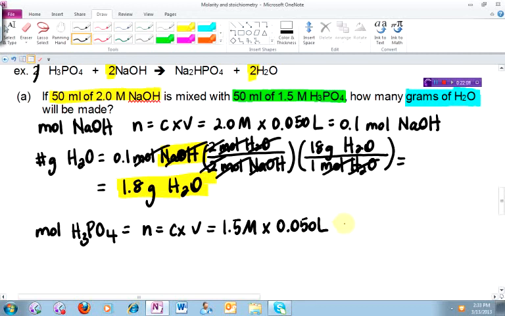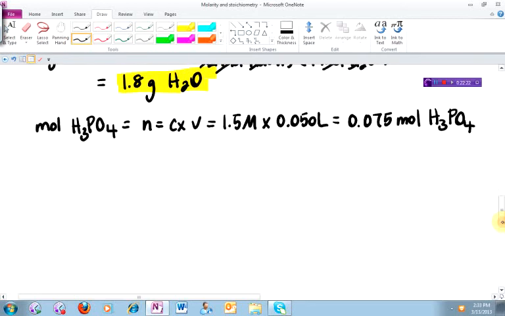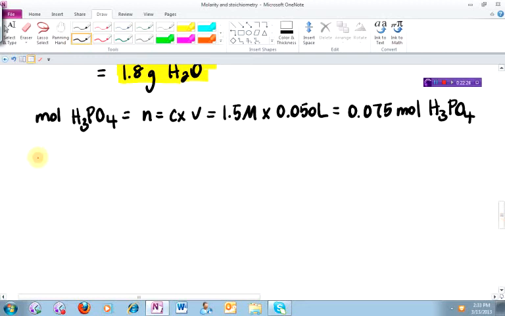Again, don't forget to convert your milliliters into liters. It ends up being 0.075 moles. Alright, and then the number of grams of water that's produced from the number of moles of phosphoric acid.